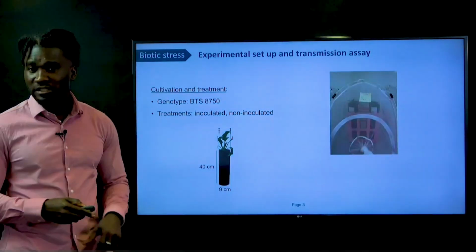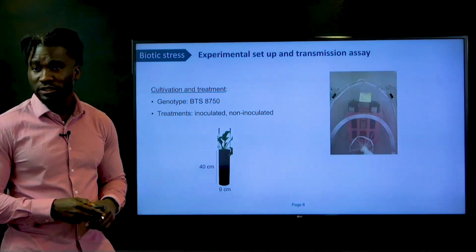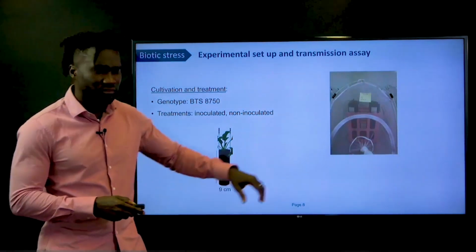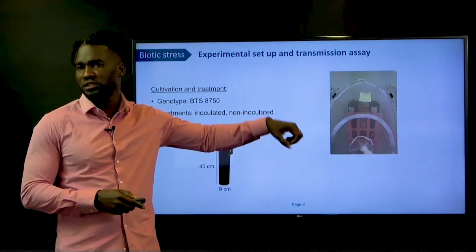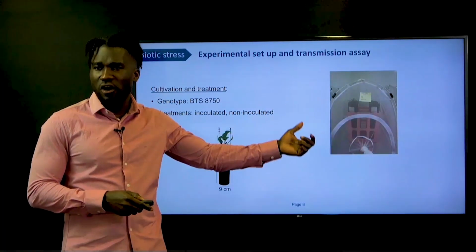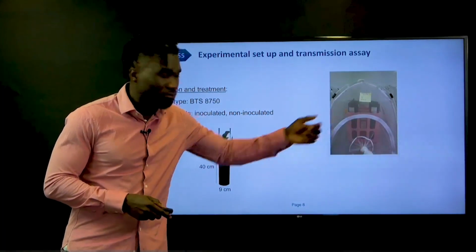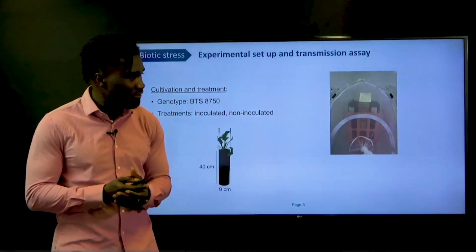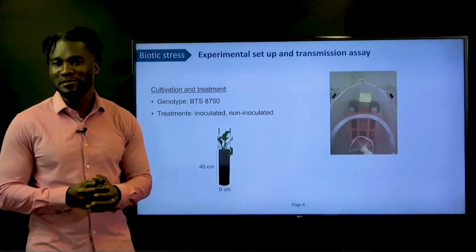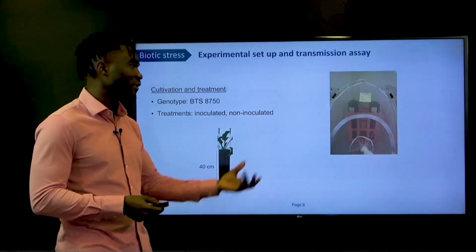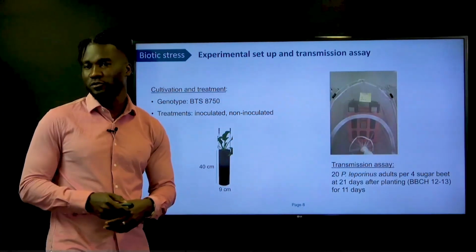To establish SBR disease in the inoculated group, we confined the plant hopper, which I've shown on the previous slide, on young sugar beet seedlings for an inoculation access period of 11 days, under climate control conditions.